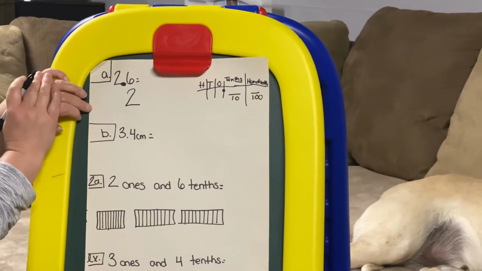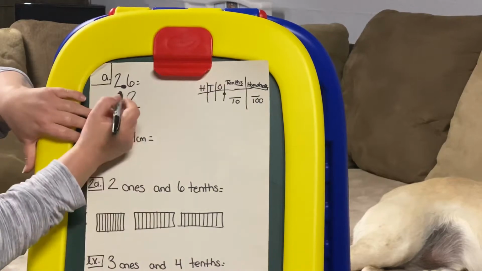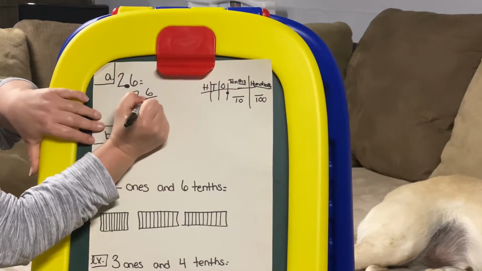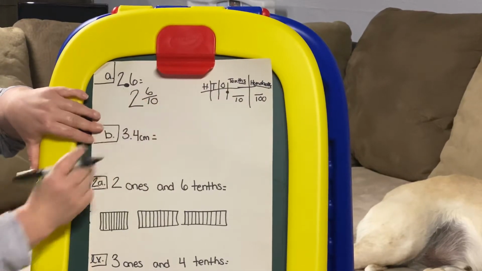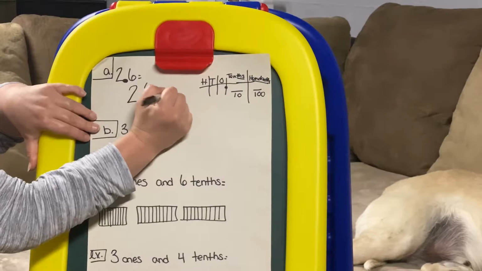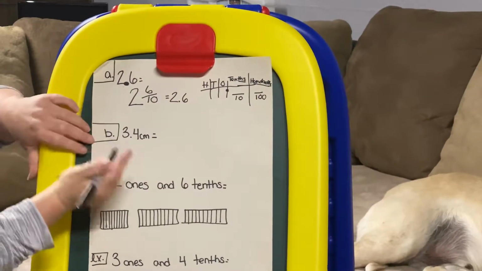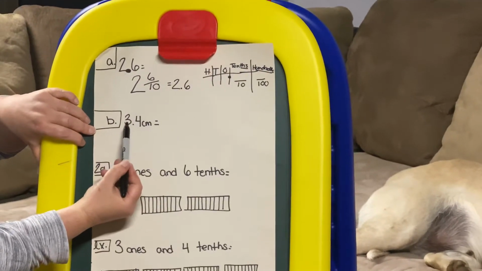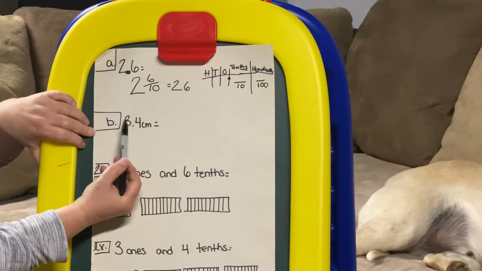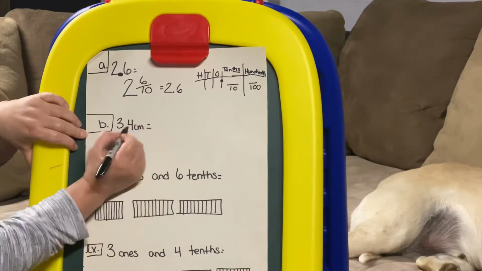The word and in math can mean decimal, okay? So we have 2 and 6/10, so I put my 6 over 10. So 2 and 6/10 would equal 2.6.